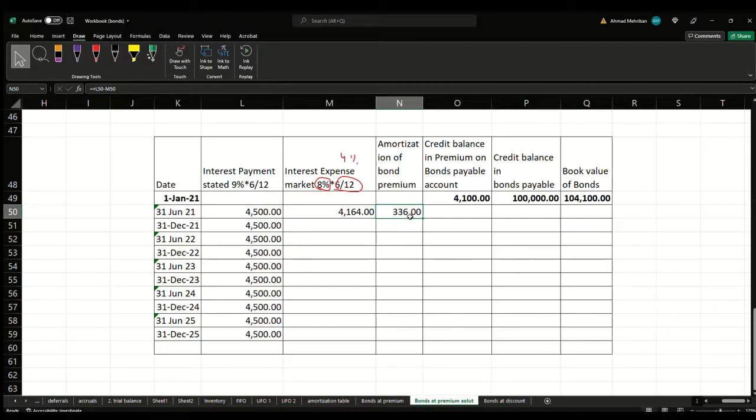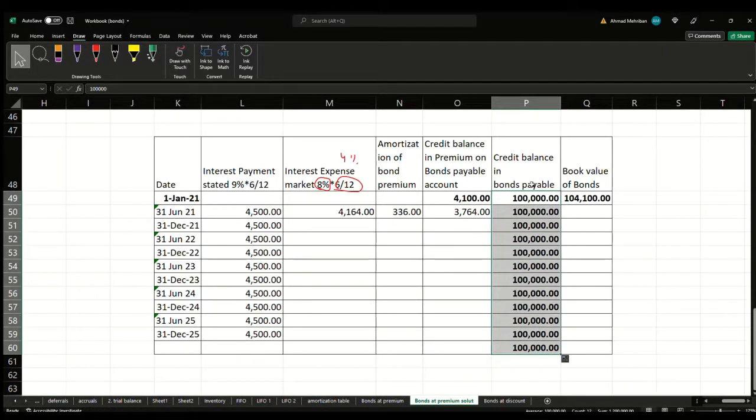That's going to be the amortization of bonds premium in the middle of the first year. So the balance in the bonds premium is going to be the difference between the original entry and this one, which is 3,764. Again, I could have just copy pasted all of these because the credit balance in the bonds payable is never going to change until the end.